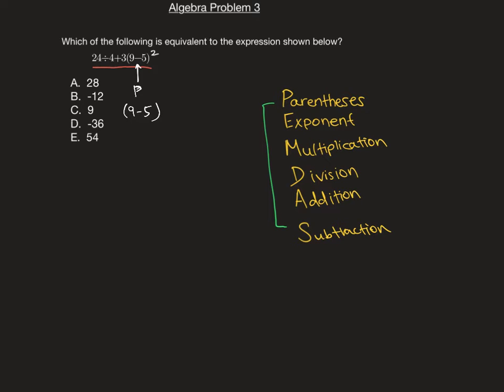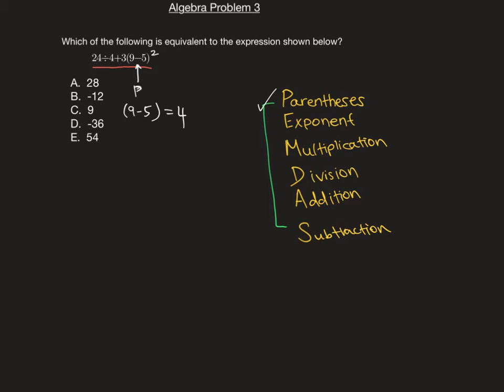So I'll write that over here as well. 9 minus 5 is equal to 4. So we've completed the parentheses part, so let's go ahead and check that off.